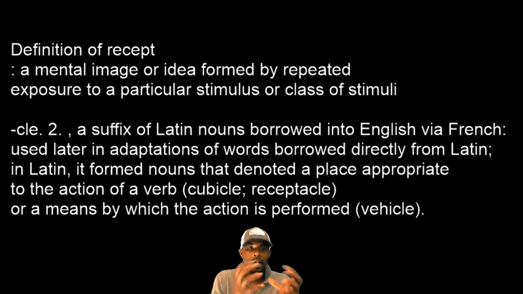So it's like the enclosure. So the vehicle is the enclosure. Like you inside of a car, the car is your enclosure and you are controlling the car, okay? So the -cle part is actually enclosing the recept. Okay, so it's enclosing your mental ideas, your mental images, or whatever, right? That's what the -cle of it does. It's the container, right?